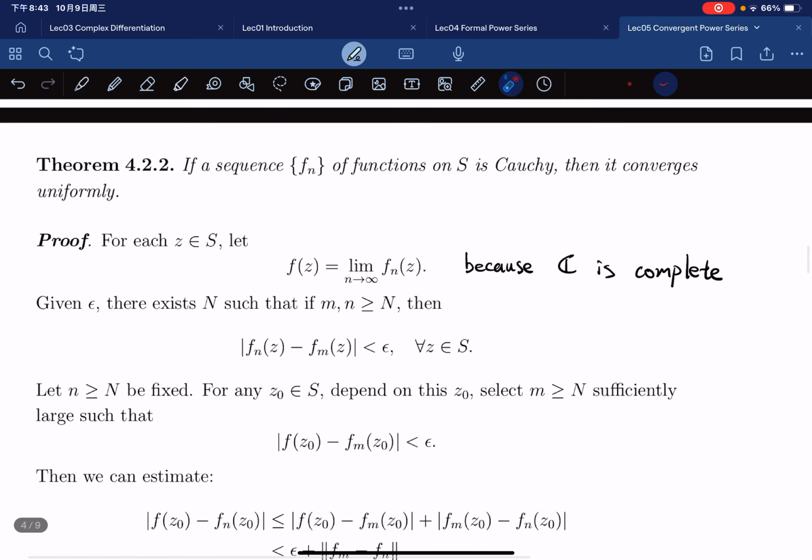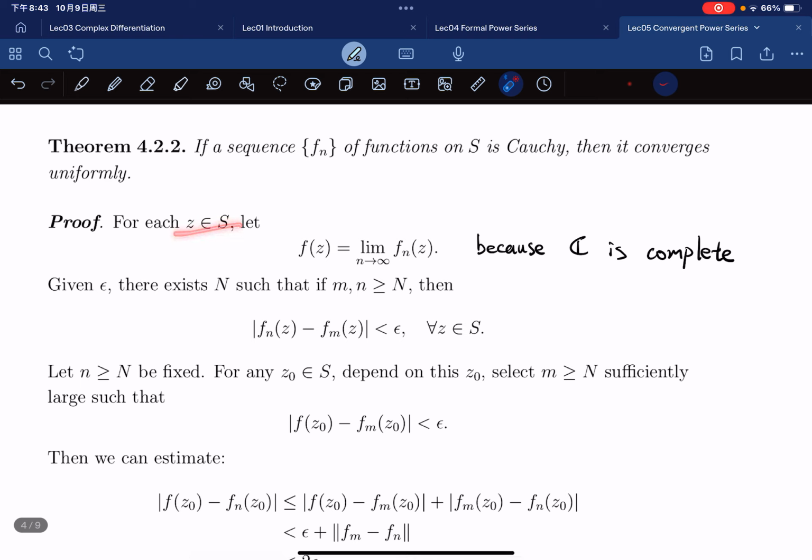This is because for each z, we let f(z) equal this limit. Why can we be sure that f_n(z) is converging? Because the sequence is Cauchy.